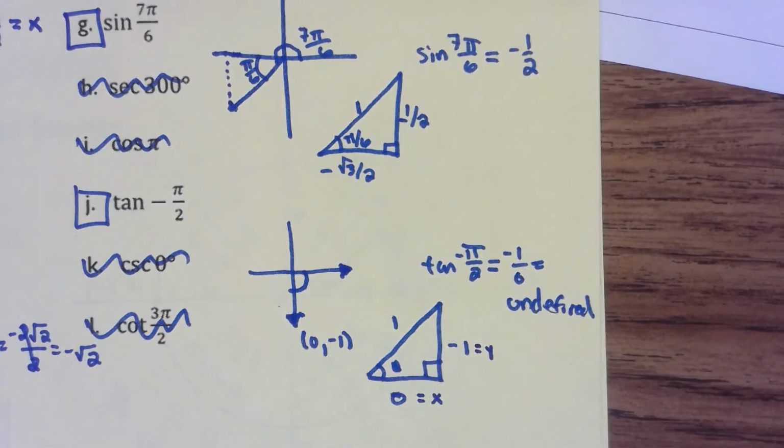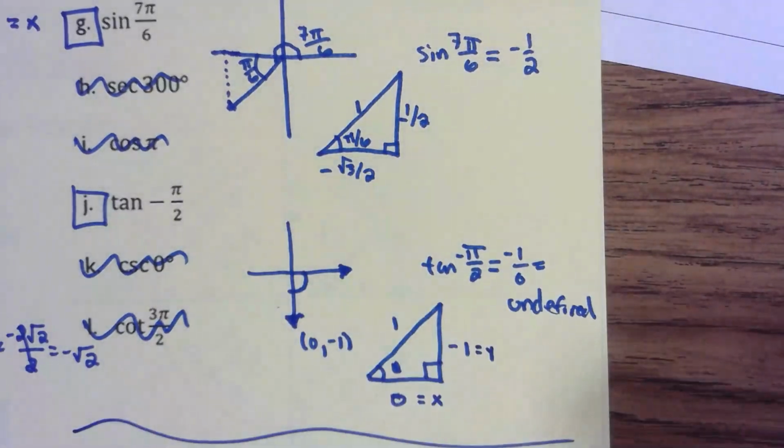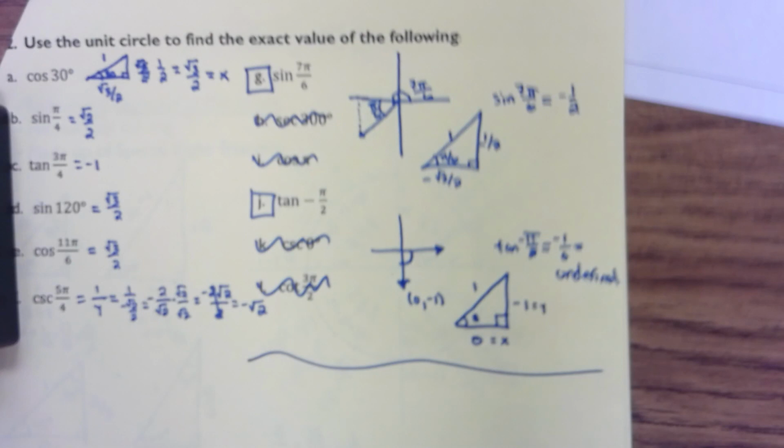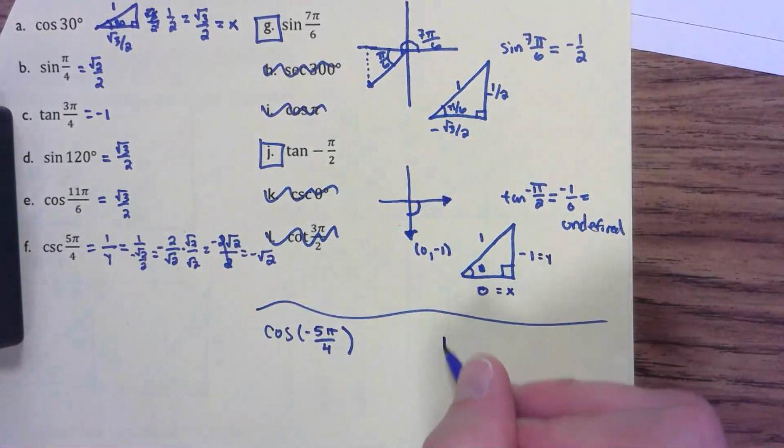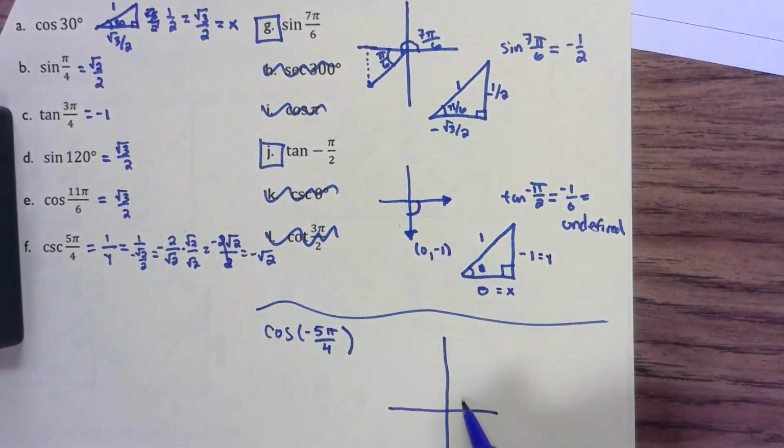Okay, so on your homework assignment, number 1 is cosine of negative 5 pi over 4. And if you're using the unit circle, you're not just going to simply rotate to 5 pi over 4.